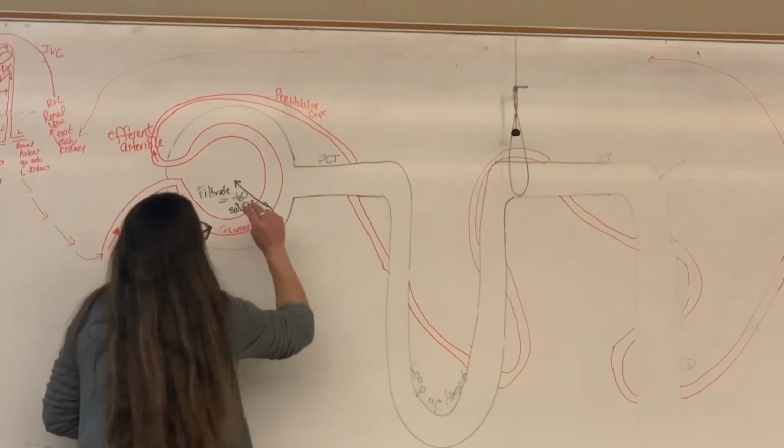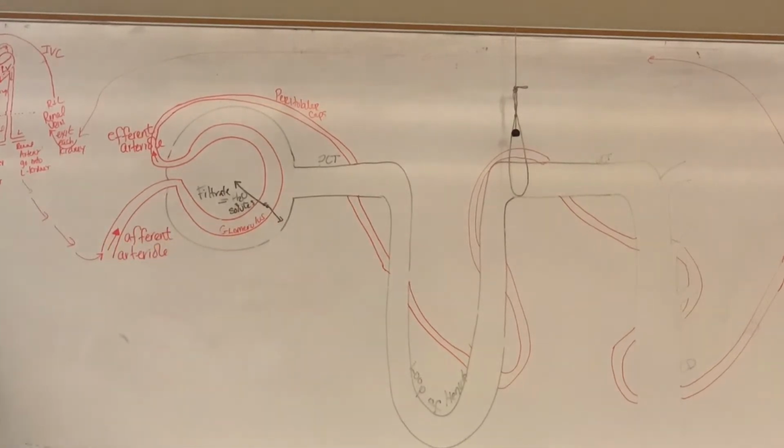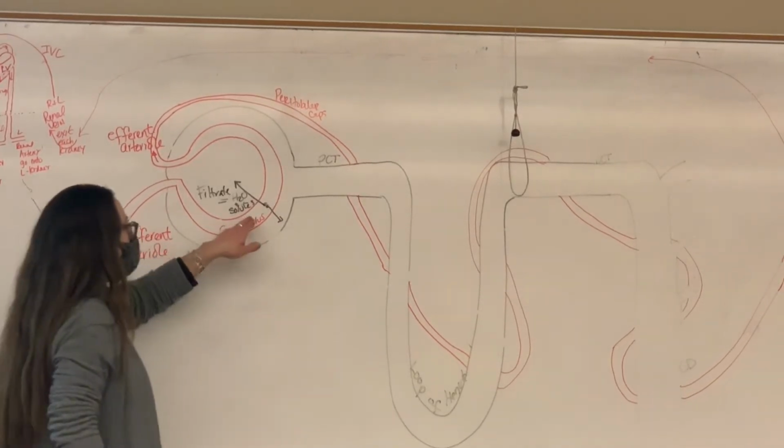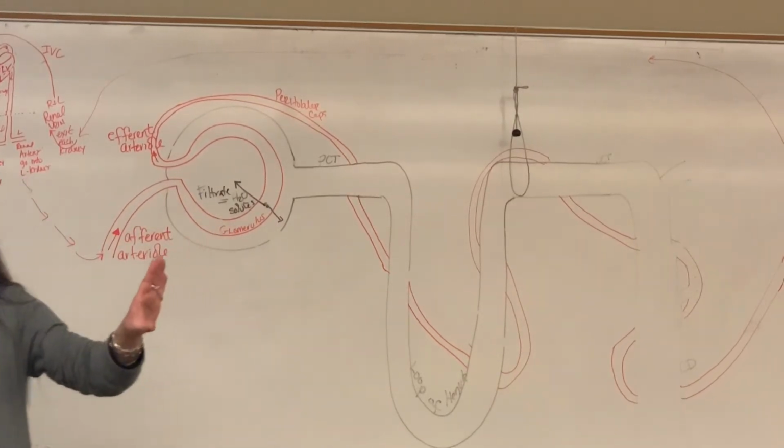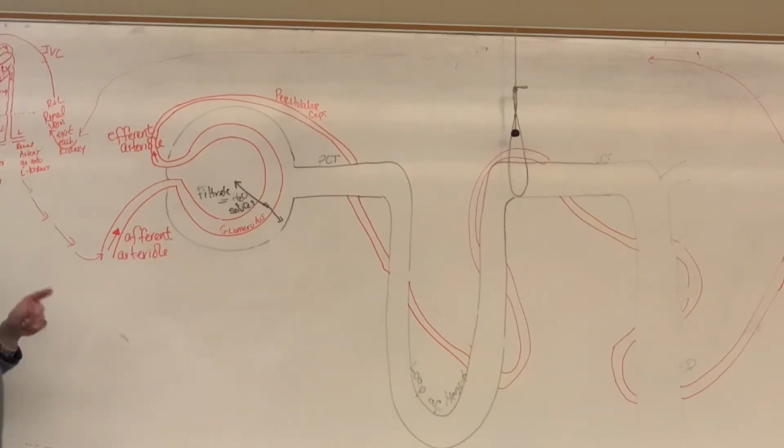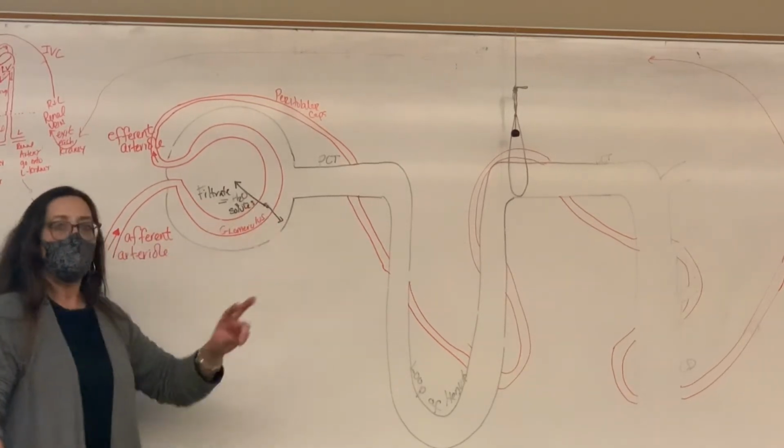Now, again, the driving force for this is not diffusion, it's not concentration gradients. We're not using pumps, we're not using channels. What drives the water and solutes out is blood pressure in the glomerulus. The blood pressure in the glomerulus forces water and solutes out, and anything that's small enough to cross this wall will.